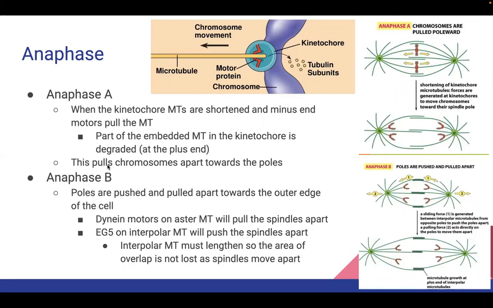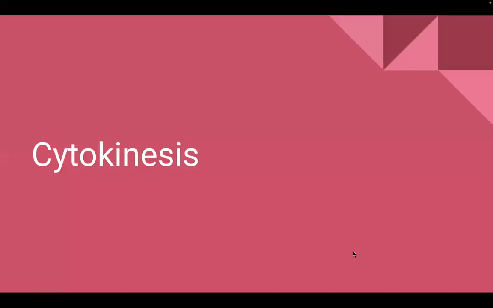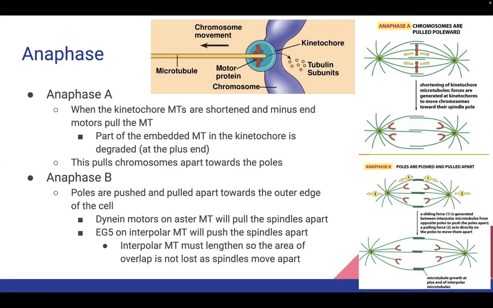Now going into anaphase B, the poles are pushed and pulled apart towards the outer edge of the cell. So going back to dynein motors, which were minus end directed motors, those are going to be anchored on the cell membrane, and these are going to be pulling the spindle poles towards the edge of the cell membrane.